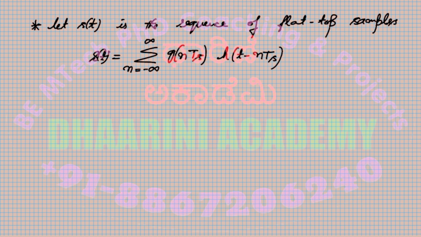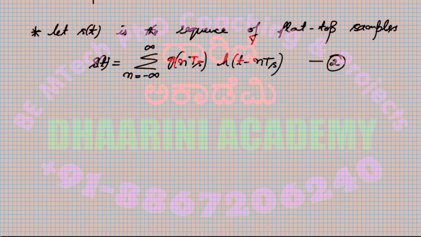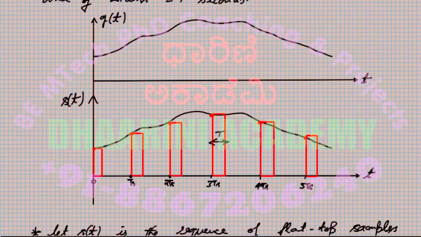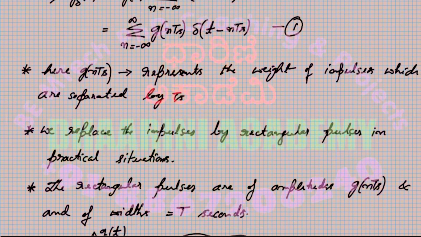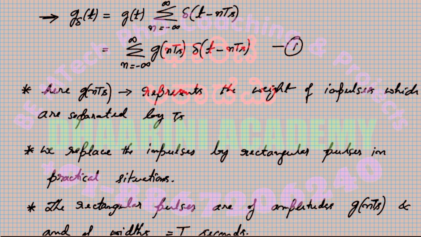Okay, right? Now, so how did we come to this equation? I'll call this equation number 2, right? We obtained this equation number 2 from equation number 1 itself, right? Simply replace the delta of t minus nTs, that is the impulse functions in equation number 1, are replaced by the h of t, right?